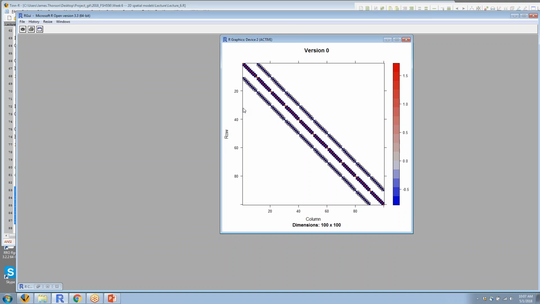For instance, let's take this second element here from the bottom. It has a non-zero partial correlation with two cells that are adjacent to it within the same row, and a non-zero partial correlation with the three cells that are one row down from it. Similarly, if you go up to this one, it has the adjacent ones in the same row, a partial correlation with the three cells one row up, and with the three cells one row down.